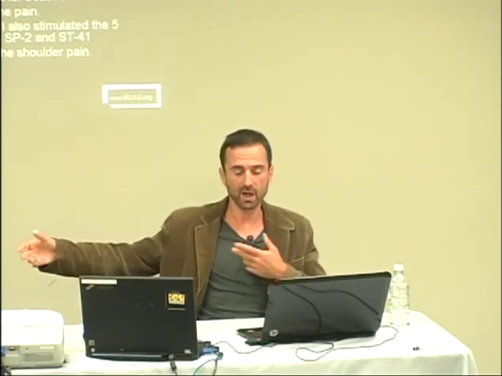So pericardium 7 and triple warmer 10 reduced the pain while moving the arm laterally. So it's a good way to diagnose first the channels involved in the shoulder pain, and second, before treatment, to evaluate the effectiveness of the points.